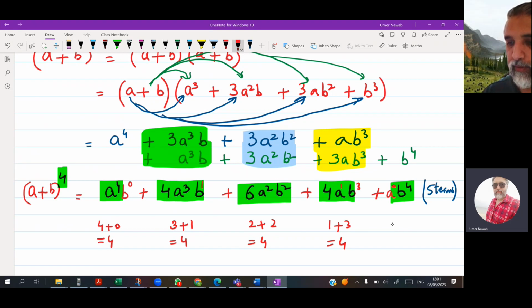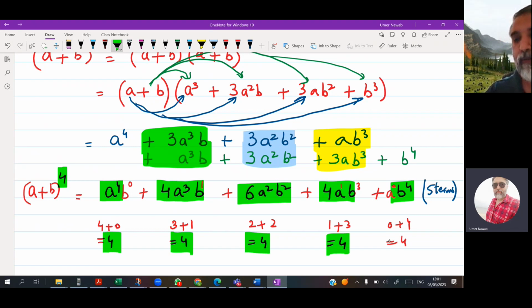A power 0, 0 plus 4. The second guess is also true. The sum of the powers is equal to the actual power, before the expansion, or for which we have done the expansion. So sum is also accurate. So second guess is correct.